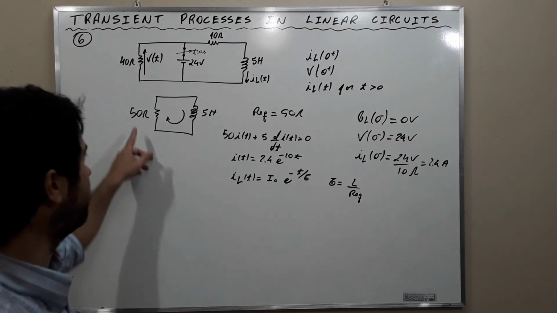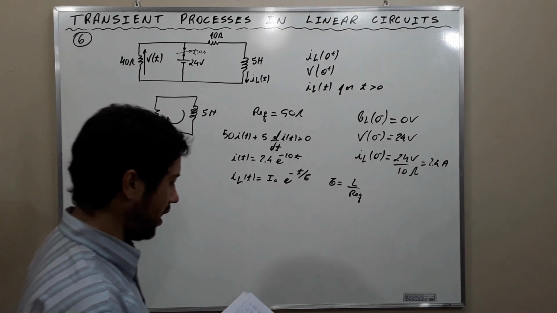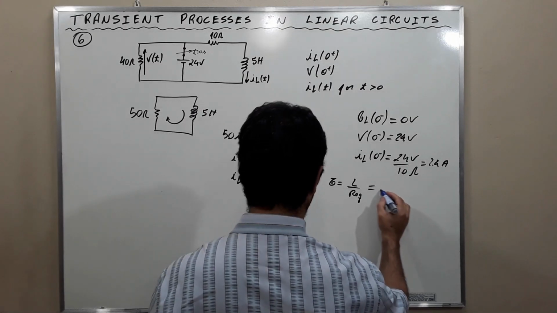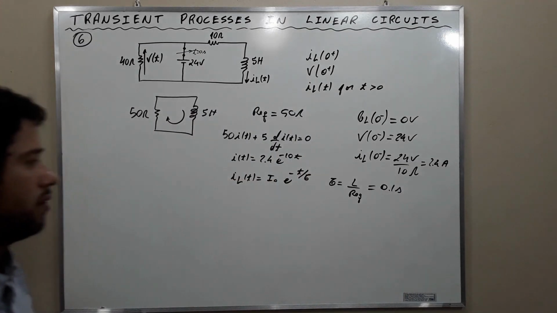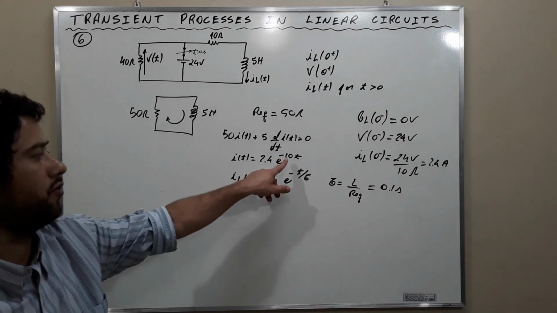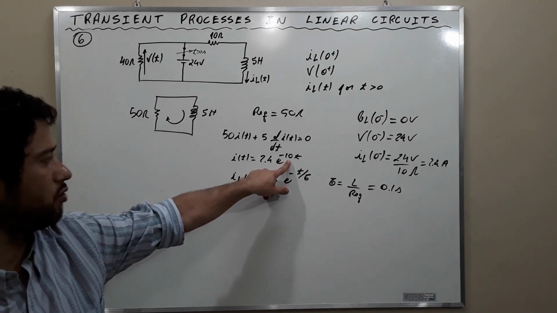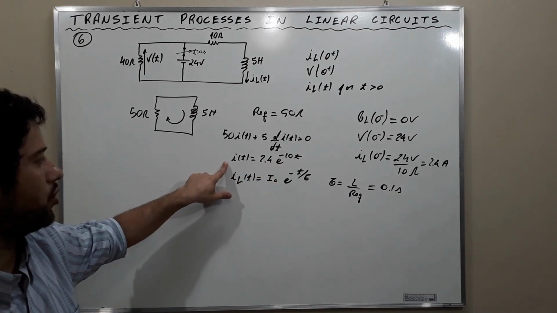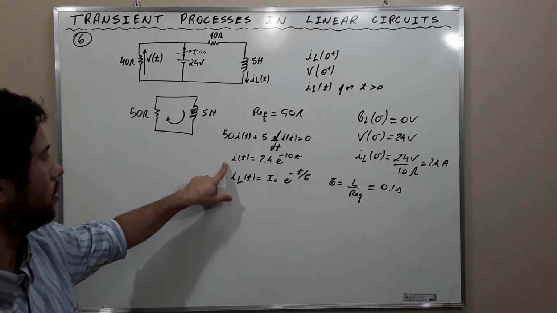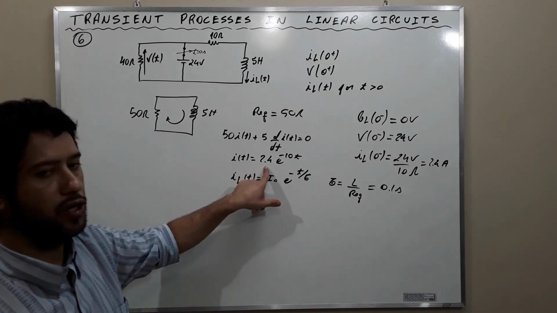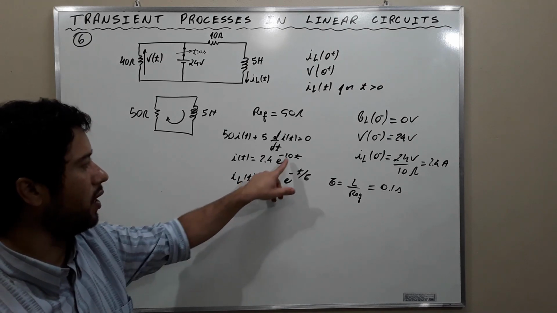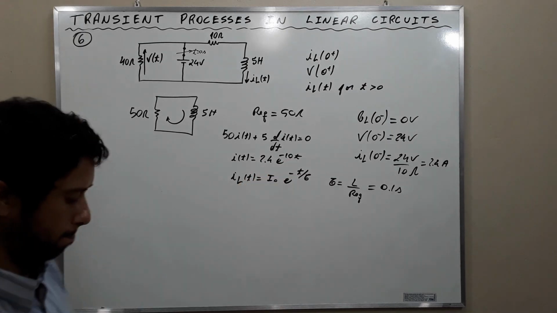The equivalent resistance is 50 and L is 5. We find 0.1 seconds. And the inverse of 0.1 is 10. That's why the equation governing current behavior is this. We have to consider the initial value of the current and how it decays.